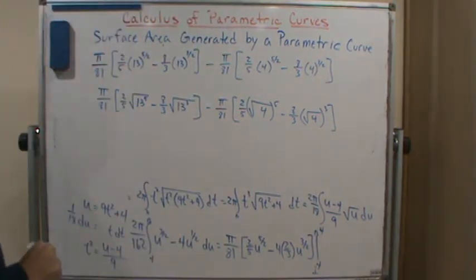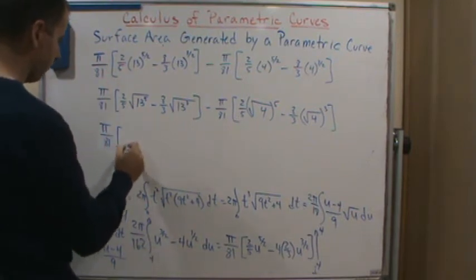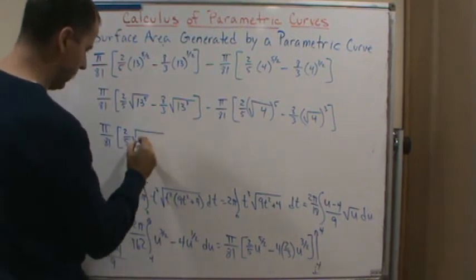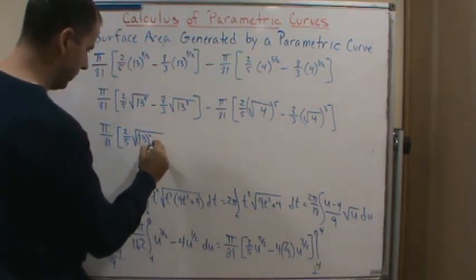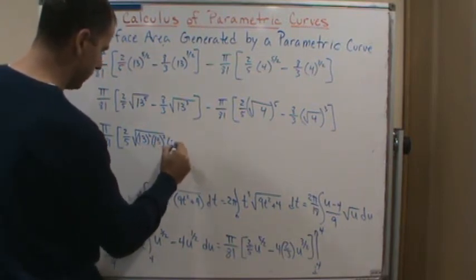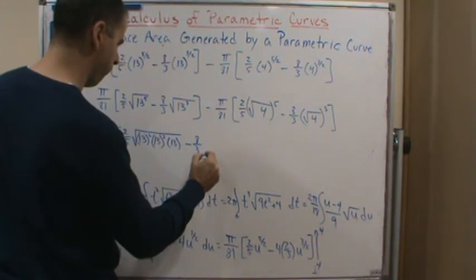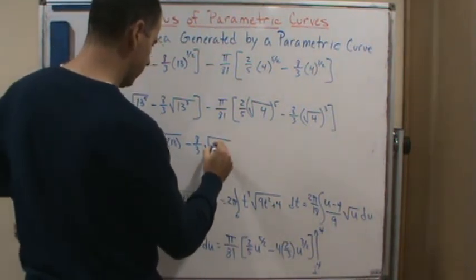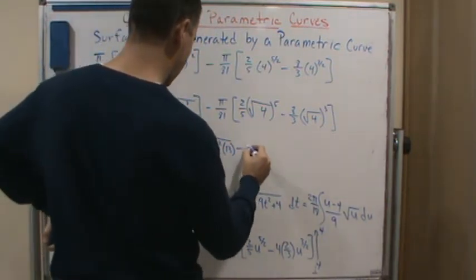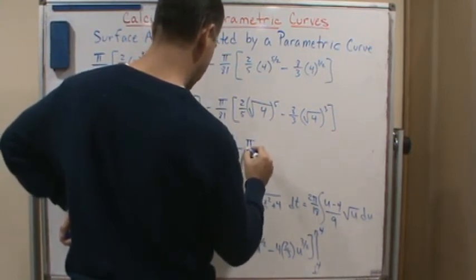Okay? And now I get pi over 81. This, I can just expand out. This is going to be 13 squared times 13 squared times 13, minus 8/3 times the square root of 13 squared times 13, minus pi over 81.